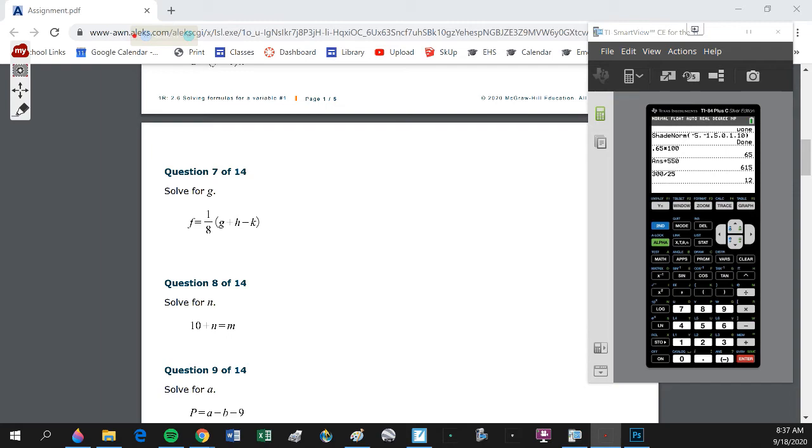So, yeah, we could divide by 1 over 8, but that's kind of messy. So the other way we figured out how to do that was times it by the upside down version of that, which is 8 over 1, which is just 8. So it just becomes 8f, and then we would subtract h and add k.